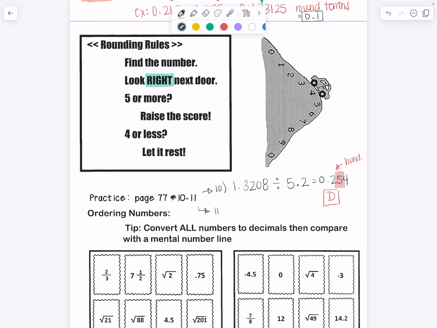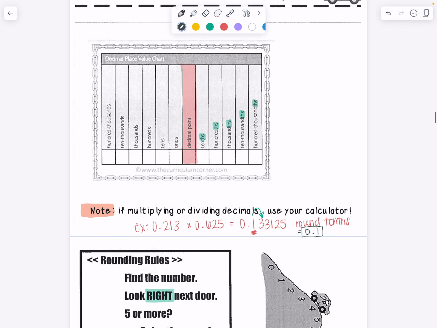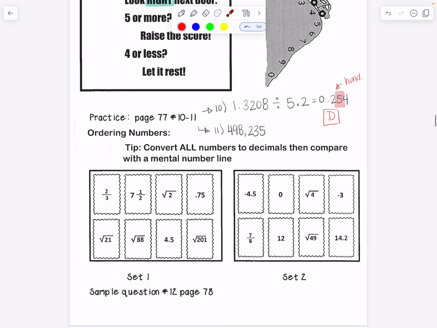All right, number 11. Number 11 says, what is 498,235 rounded to the nearest thousands. So notice it does not end in that THS. So thousands is going to be 1, 2, 3, 4 spots to the left of the decimal.